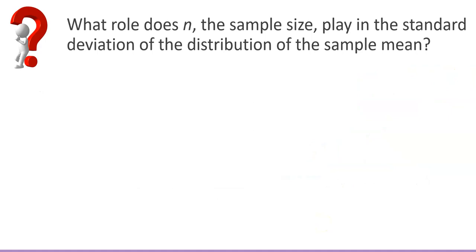Next, it's going to be interesting to ask what role n, the sample size, plays in the standard deviation of the distribution of the sample mean. Remember that we just tried samples of size 5. What happens if we increase the sample size? How will that affect the standard deviation of the distribution of the sample mean? In other words, will we see more extreme values in the sample means or less of the extreme values?